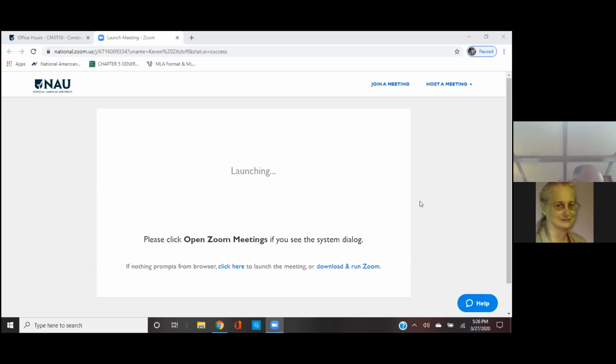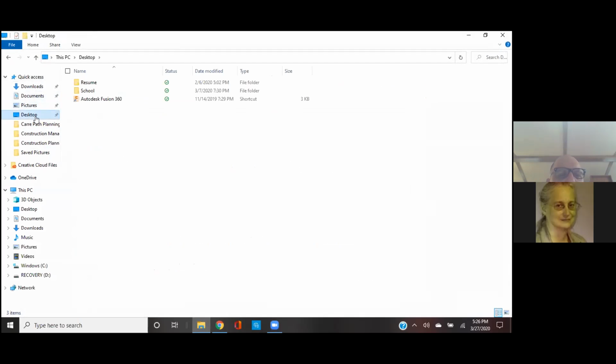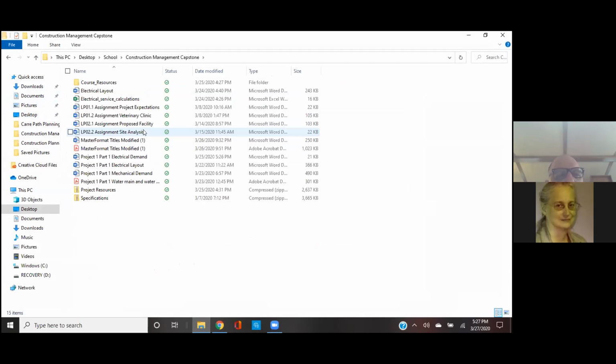I can't see them, so open one up so we can take a look.